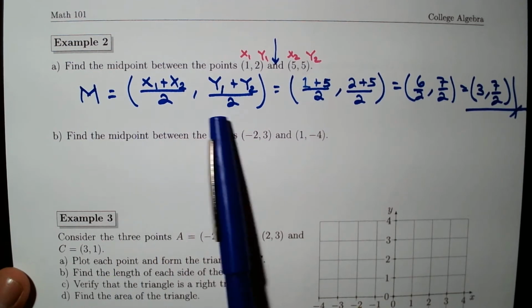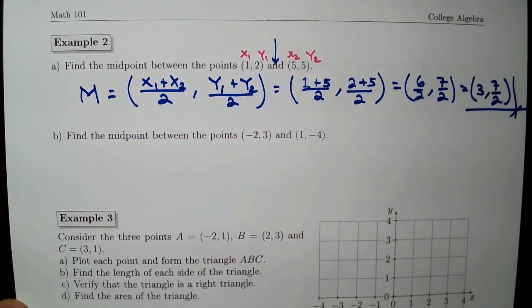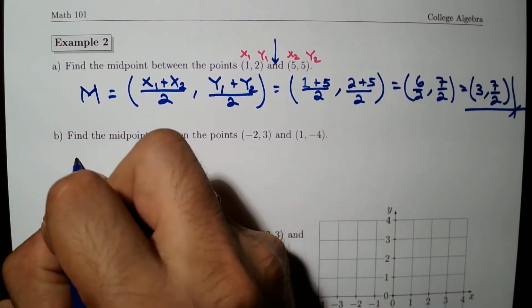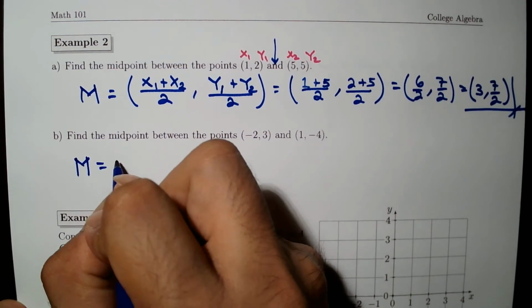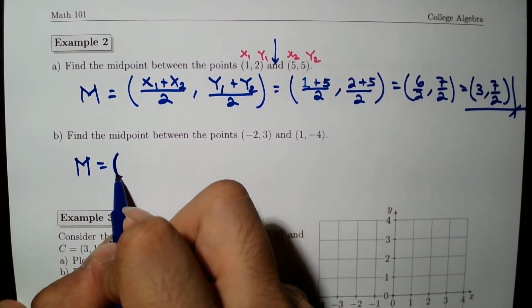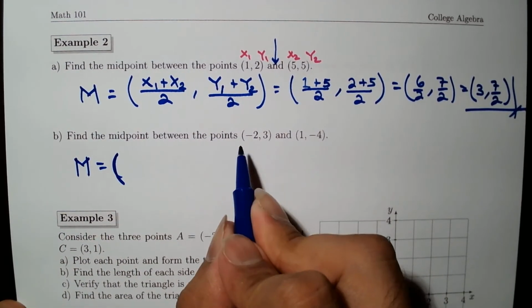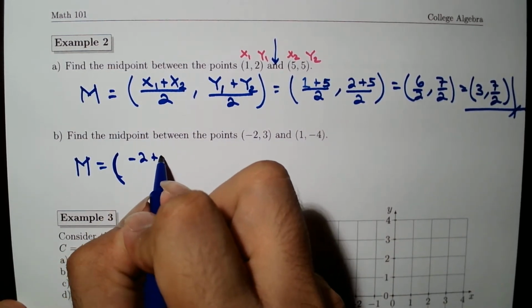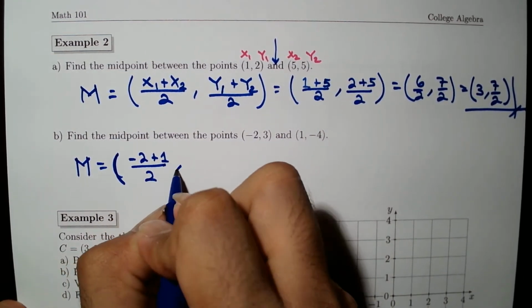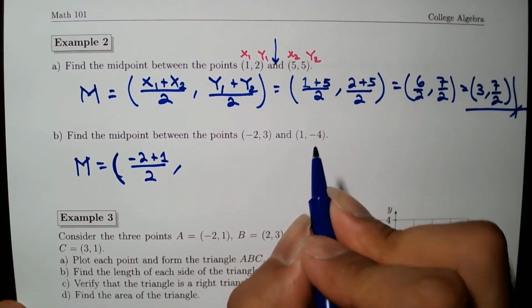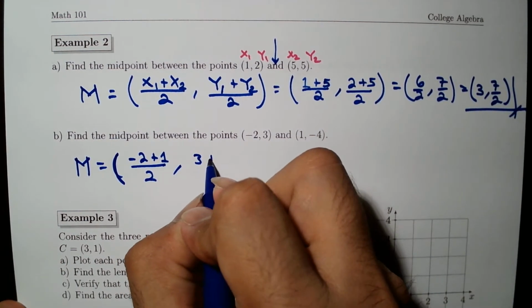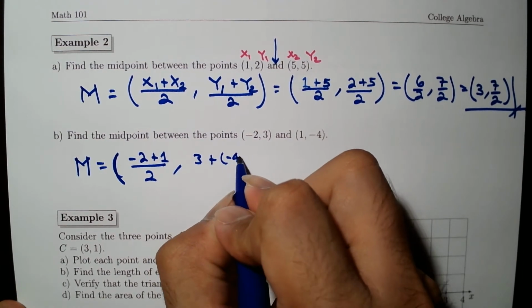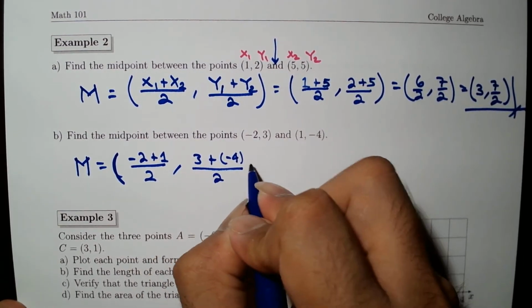In this case, I already have the formula here, so I'm not going to write it again. M equals x1 plus x2, which in this case is negative 2 plus 1, and 3 plus negative 4, divided by 2.